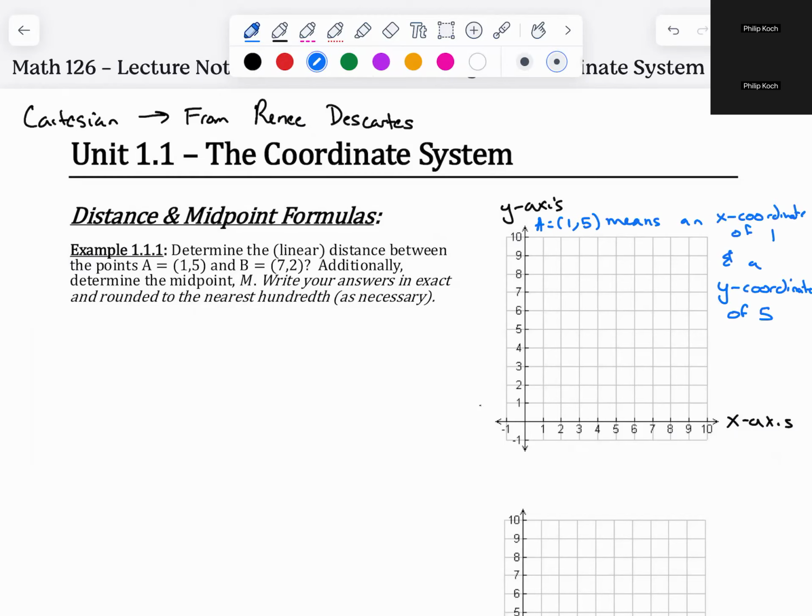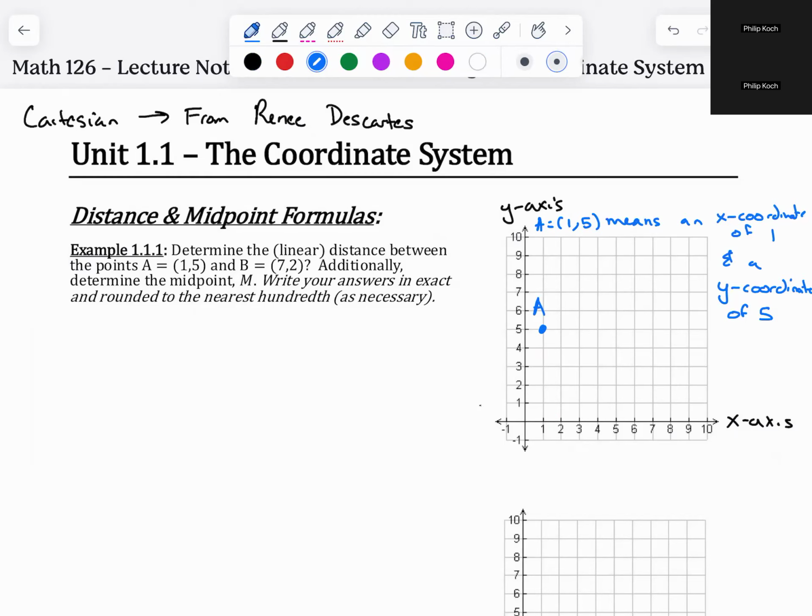In case you've never plotted a point on a graph before, or it's been a long time, if I see the point 1,5, that means that its x coordinate is 1 and its y coordinate is 5. So starting at the origin here, we will move 1 unit to the right to find our x coordinate of 1. And then we'll go up until we have a y coordinate of 5. That is the point A right there. So we'll plot that point.